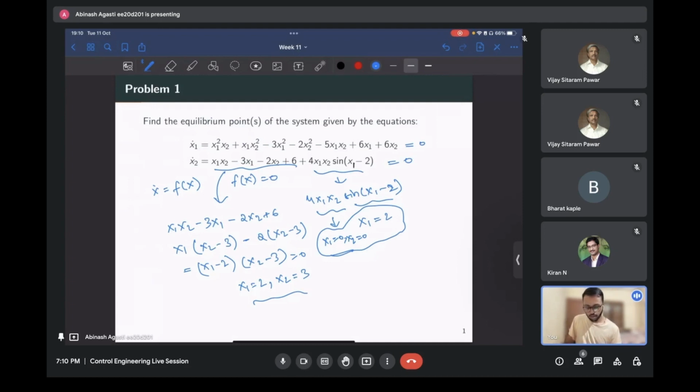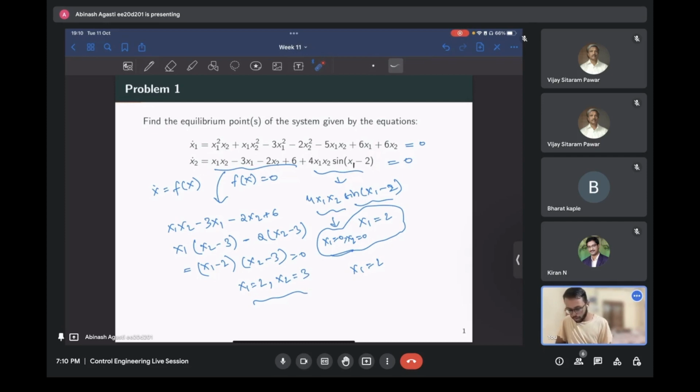So all in all, x1 equal to 2 and x2 equal to 3 make the entire second term 0. Is that not right? No, actually, x2 equal to 3 cannot be included. We only have this thing, because when x1 equal to 2, this part is 0 as it is factored this way, and this part is 0 as this sine term is there.